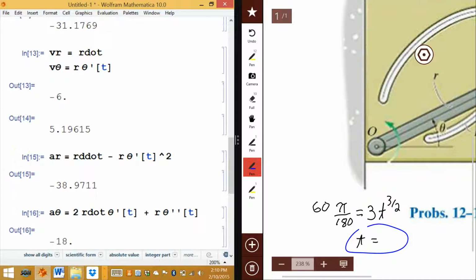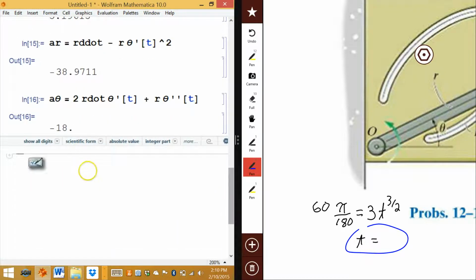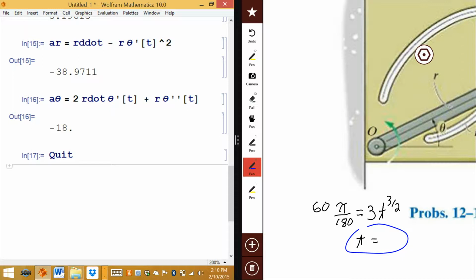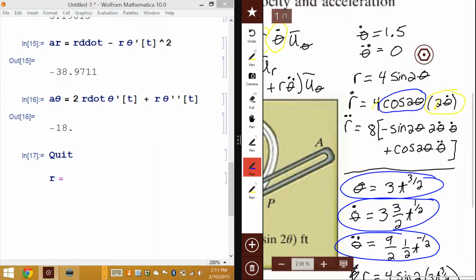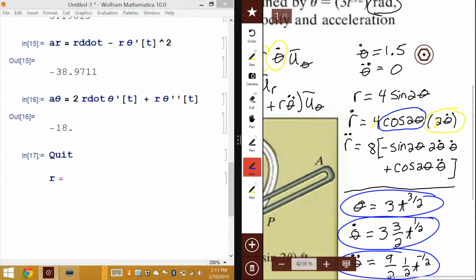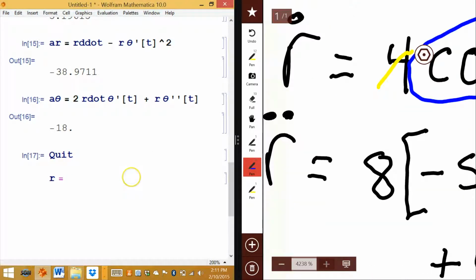So here comes the Mathematica, and what I'll do is right here I'm going to quit. And R is equal to, let's see, what was R? R was equal to 4 times the sine of theta.